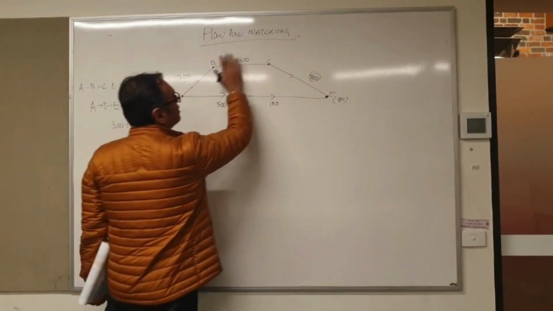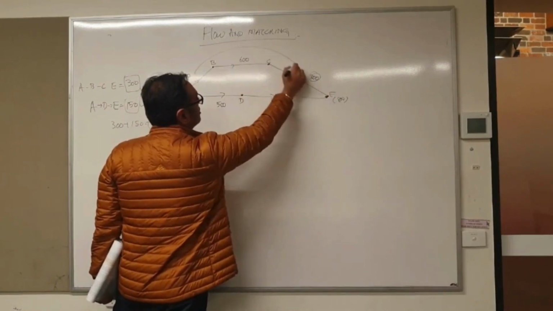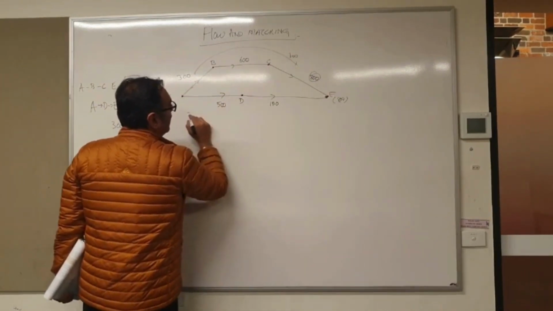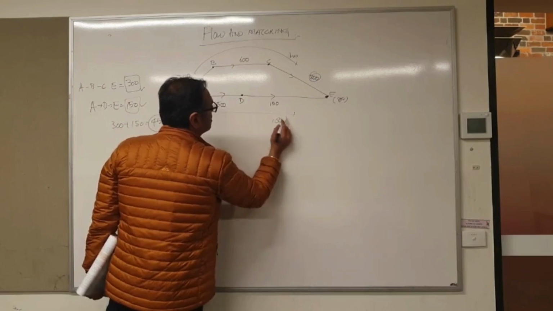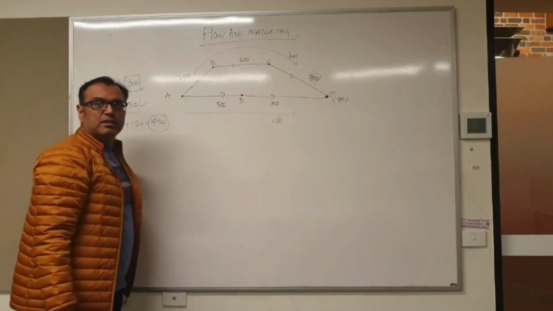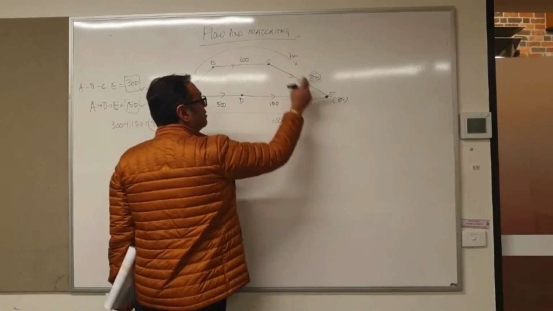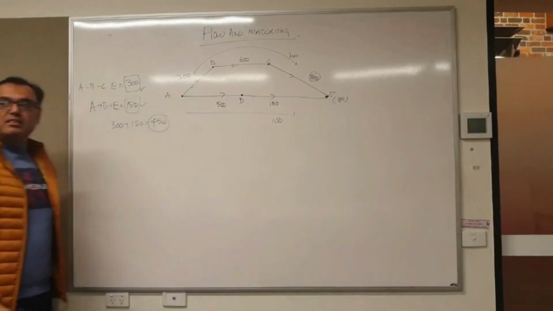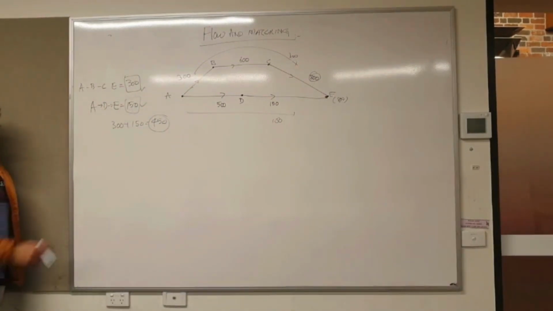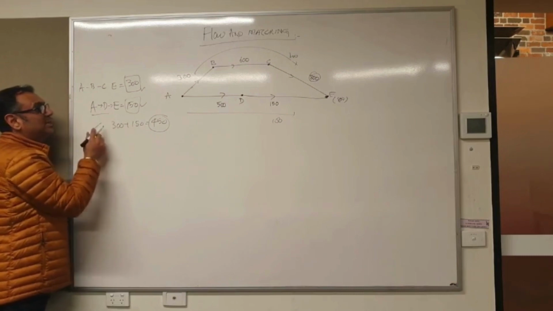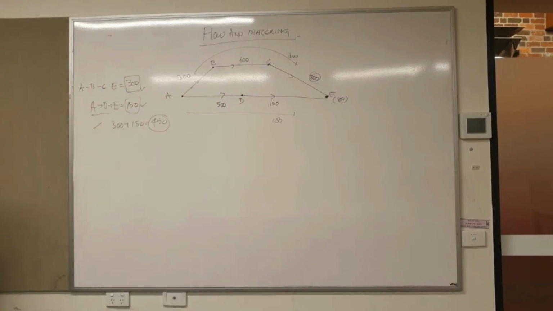So if 300 come from this direction and 150 comes from this direction, would E be able to handle it? Yes. So 450 at the max is the flow from A to E across the board.